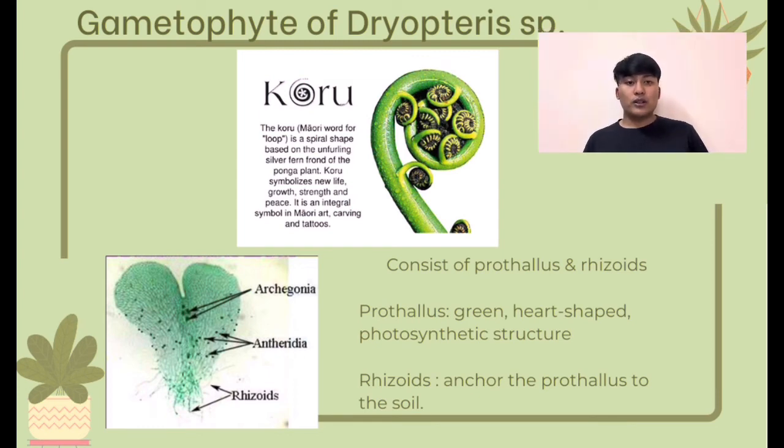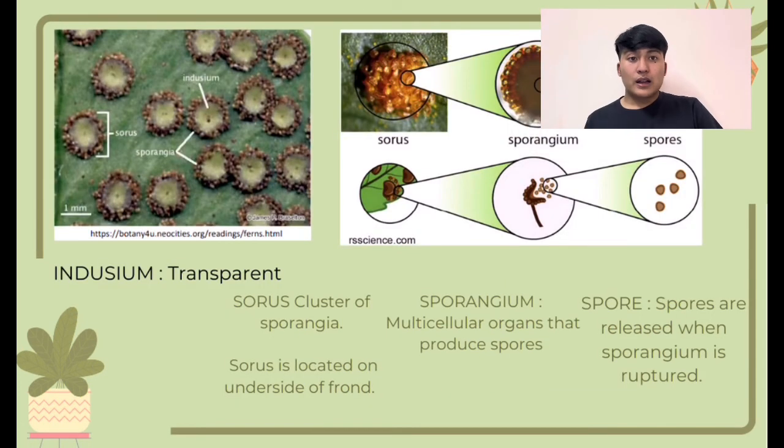The gametophyte of Dryopteris sp consists of prothallus and also rhizoids. The prothallus is a green, heart-shaped photosynthetic structure, and it produces archegonia and also antheridia on its underside. The rhizoids anchor the prothallus to the soil.